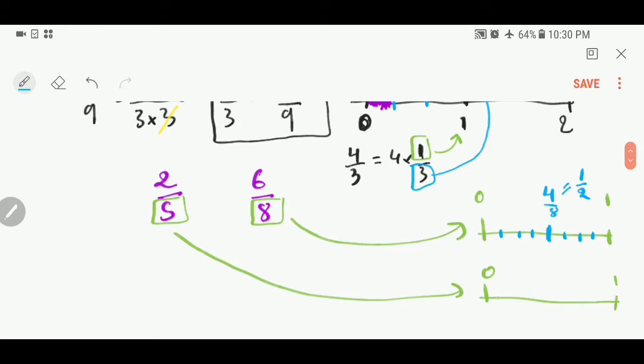Same thing, 1/2. And this is 5/8, and this is 6/8. So 6/8 is this one.